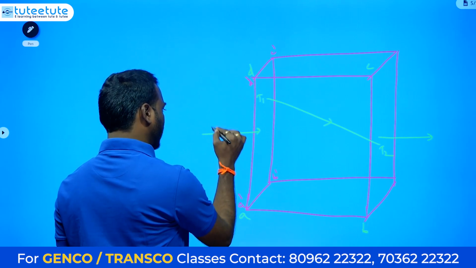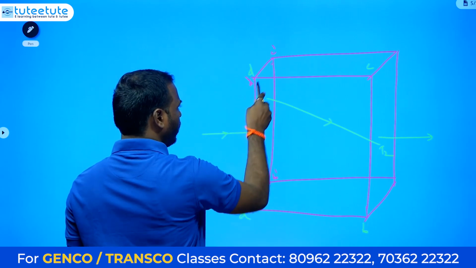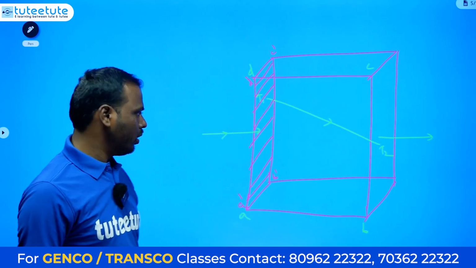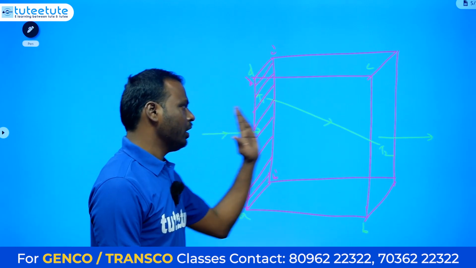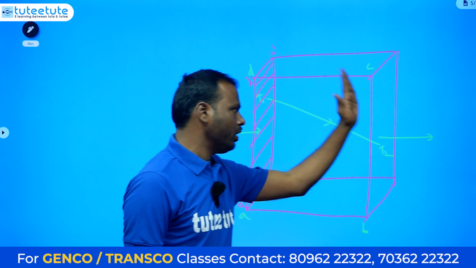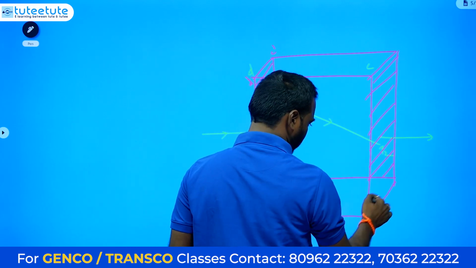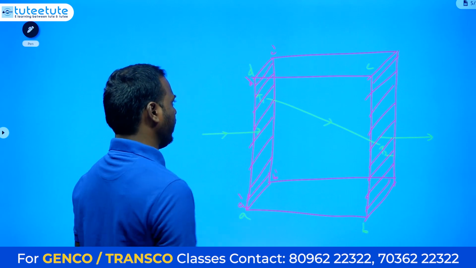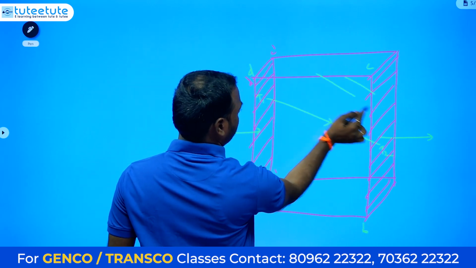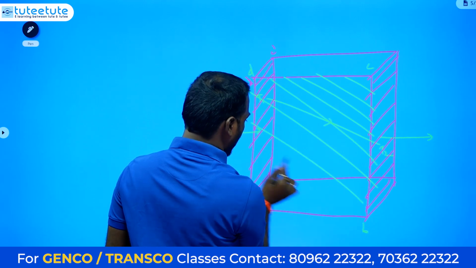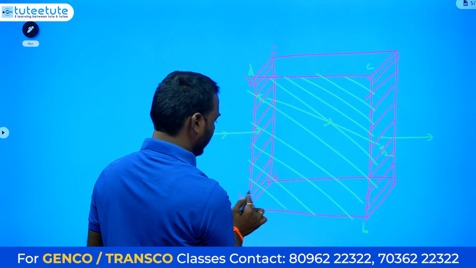Whenever the heat is transferring from this end, we take this area, because the heat is transferring from the left end to the right end. This is one area, and another area is this one, ABCD.